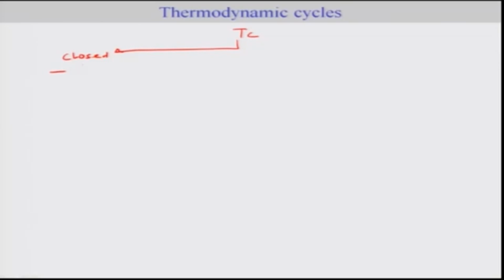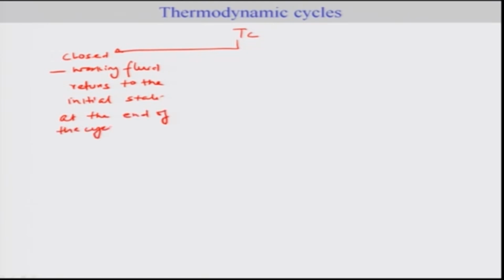So for the case of a closed cycle, the working fluid returns to the initial state at the end of the cycle. That is, it's recirculated.